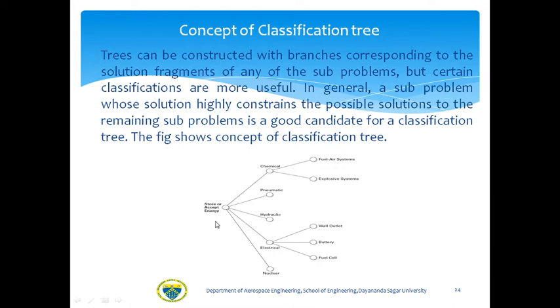Then immediately we look for different alternatives for energy. That energy could be chemical, pneumatic, hydraulic, electric or nuclear. If you put it this way, it's more useful. Putting it in some graph or schematic is always useful. Here, it is showing you the various alternatives.